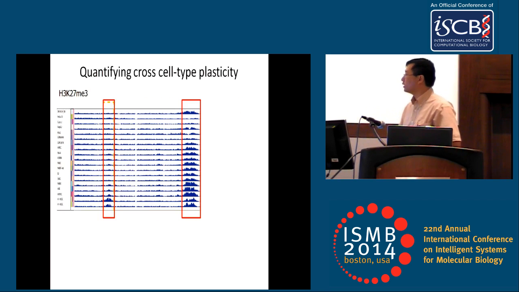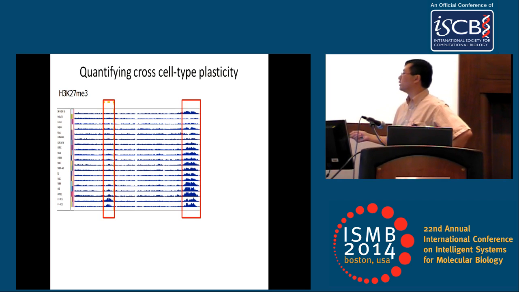Fortunately, ENCODE and Epigenome Roadmap generate tons of data in multiple cell lines, giving us the ability to systematically look at the variability across multiple cell lines. I'm giving you an example for K27 trimethylation, but you can do this for other marks as well.